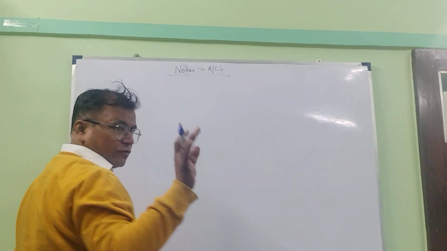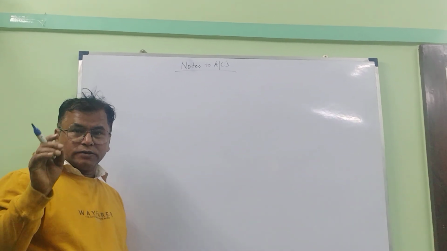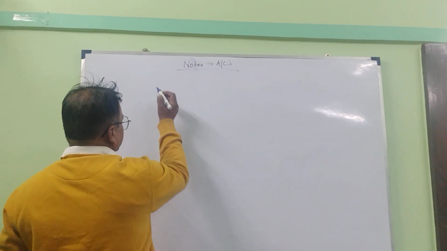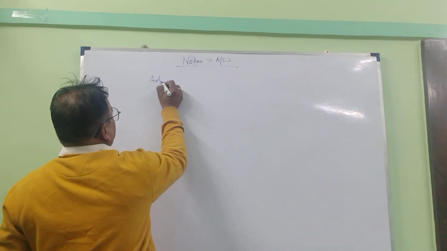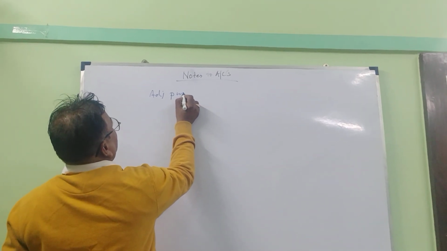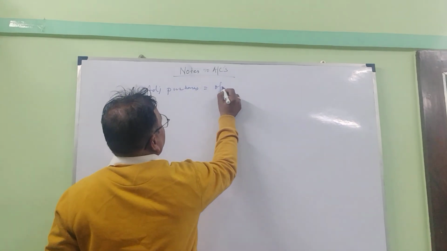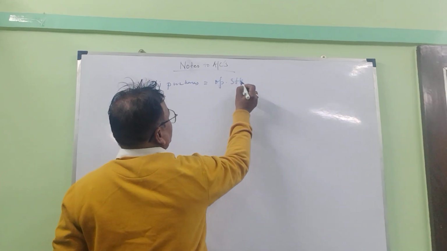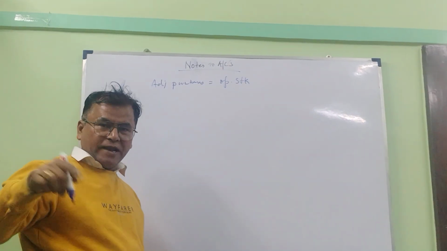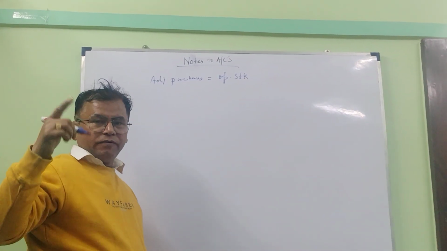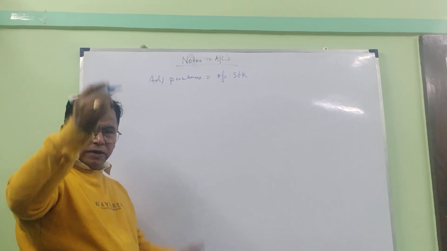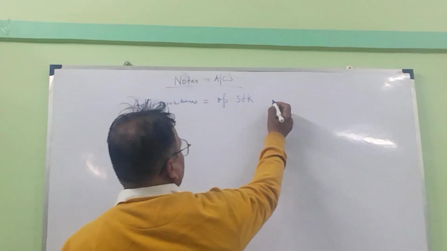Okay. First of all, you try to understand what is the formula of adjusted purchases. Adjusted purchases actually will include opening stock. Opening stock means stock which was left in the godown in the previous accounting year, so it becomes opening in this accounting year.